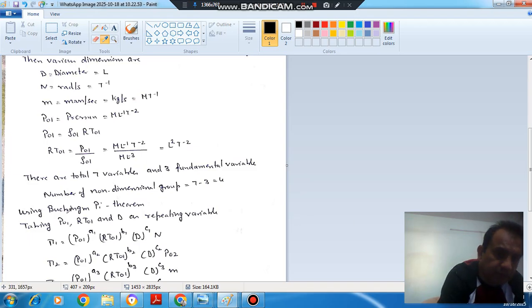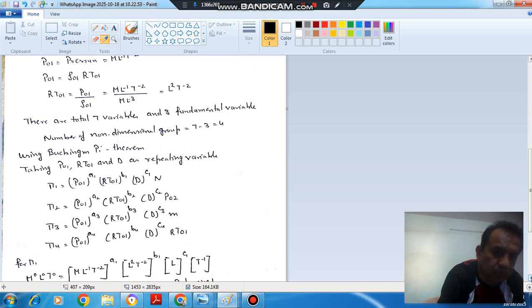Assuming that P01, RT01 and D are the repeating variables in each pi term, the pi terms are: P01 to the power A1, RT01 to the power B1, D to the power C1, repeating in each pi term. And in the first pi term N is there, in the second it is P02, in the third it is m, and in the fourth RT02.